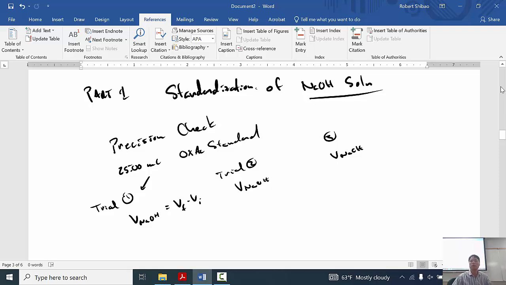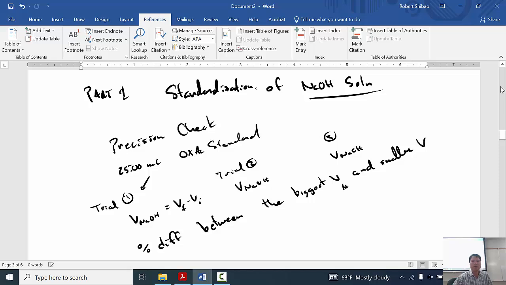What we're going to do for precision is we want the percent difference between the biggest V and smallest V. This is for the sodium hydroxide. To be less than 0.5%.